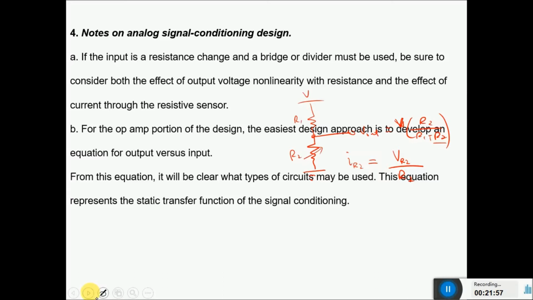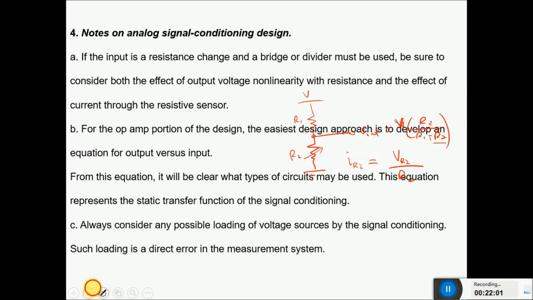The equation represents the static transfer function of the signal conditioning circuit, not the dynamic transfer function. So always consider any possible loading of voltage sources by the signal conditioning, such as when the input is not provided directly at the positive or negative terminal of the op-amp, but is provided through a resistance, because loading is a direct error in the measurement.